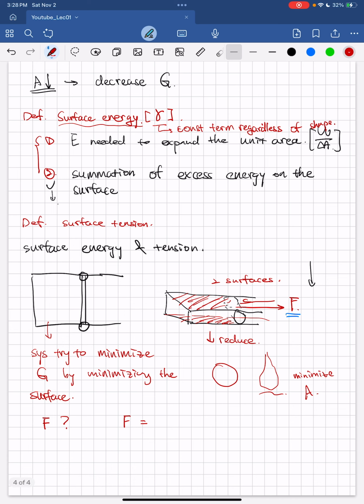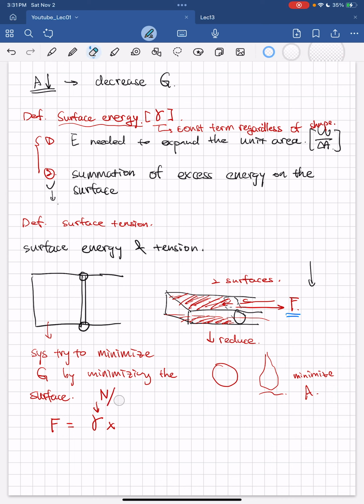So the force needed to maintain or expand this surface is going to equal surface tension times, so let's think of it, the unit of this is Newton per meter.